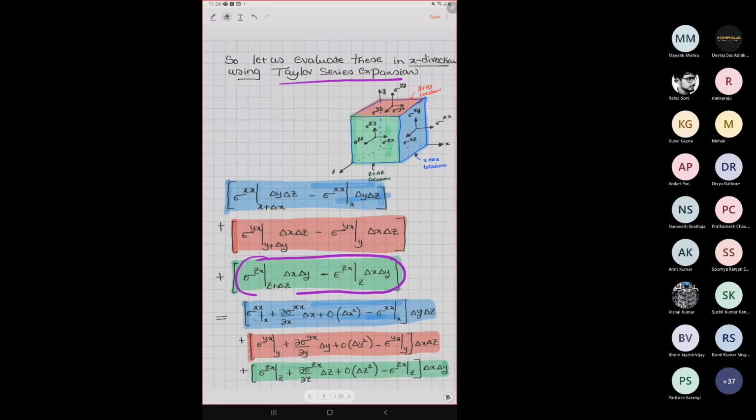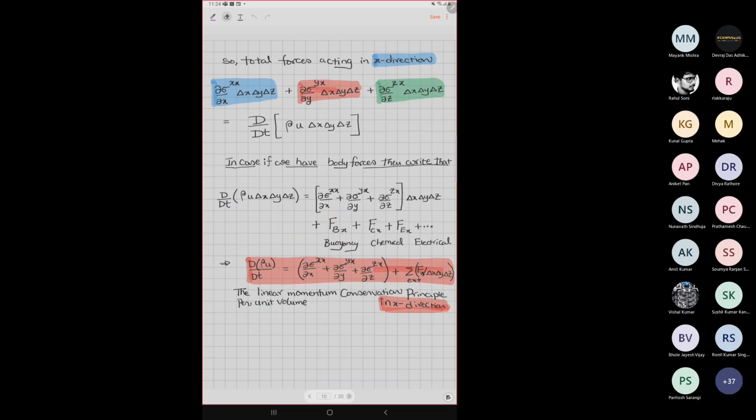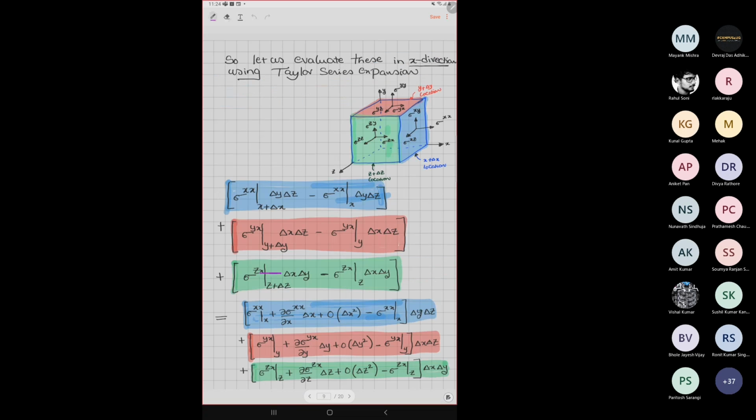These are the force contributions we are seeing in the entire x direction, because the stress components are multiplied by surface areas, so they give forces. If I write all these surface forces, because it's a product, this one is gone, this one is gone, this one is gone. What we are left with is this one, this one, this one, suitably multiplied by their areas.